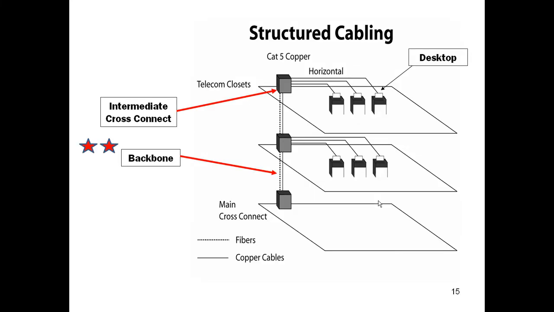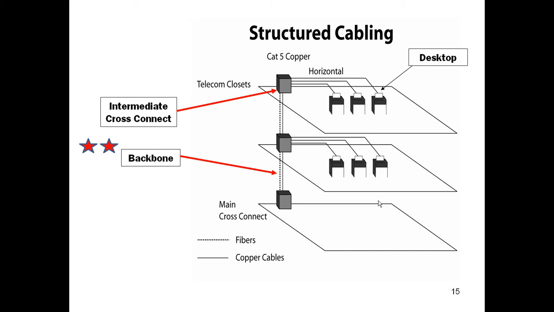And here you see an illustration of a typical structured cabling system. The one thing that's not real clear here, and I'll point out where you see the desktop in the upper right-hand side, that's going to be the plate on the wall. That's going to be the plate that has the female RJ45 sockets on it. Then we've got the horizontal cabling. That can be the 90 meters. Then we have the telecommunication closets.